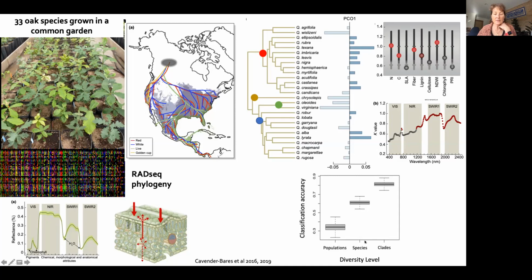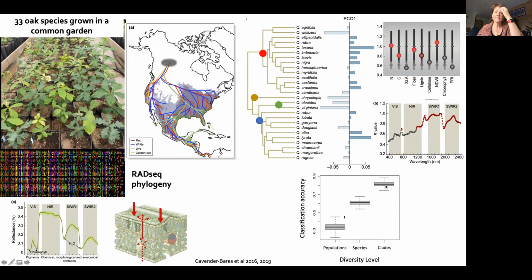And in general, this is showing what I mentioned before, is that the classification accuracy using spectra to differentiate genotypes or populations within a species was lower than our ability to differentiate, identify species, which itself wasn't quite as good as our ability to differentiate clades.